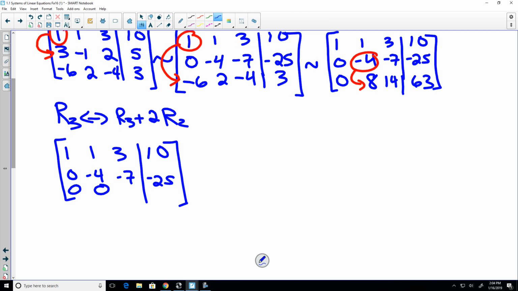Negative 7 times 2 is negative 14. Plus 14 is 0. And then multiply this by 2, you get negative 50, and added to 63, it's 13, right, instead of 7. 13.